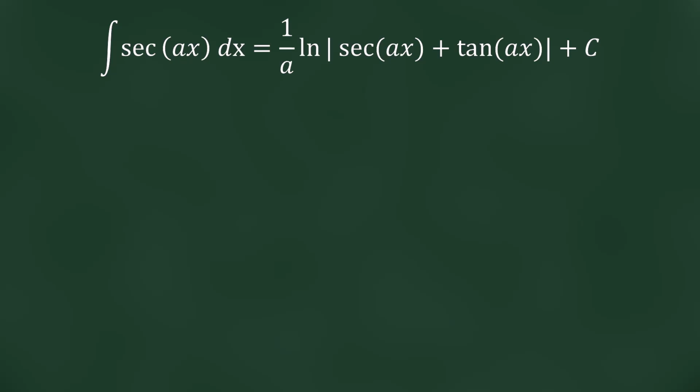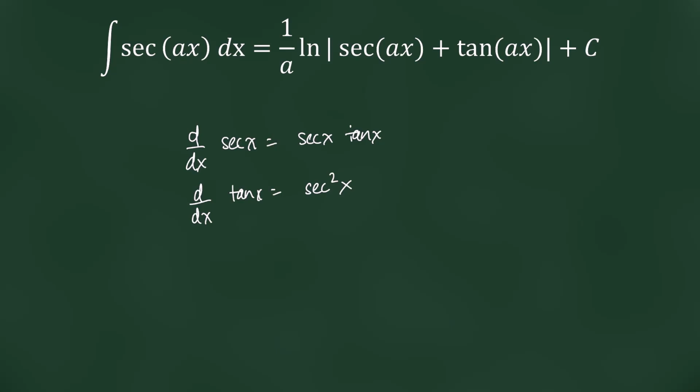This next one actually requires probably the most sophisticated algebraic tool that we've used so far. It's going to rely on a couple of facts, the first of which is that the derivative of secant of x is secant x tangent x, and that the derivative of tangent of x is secant squared of x.